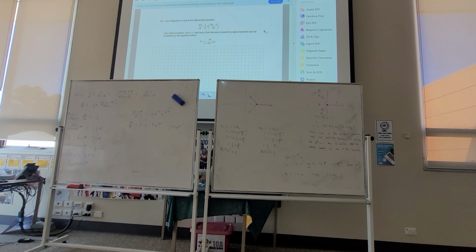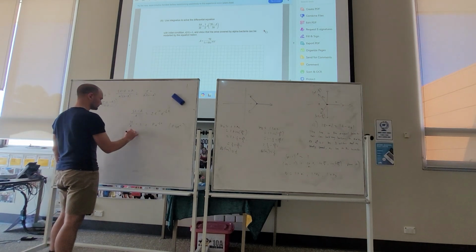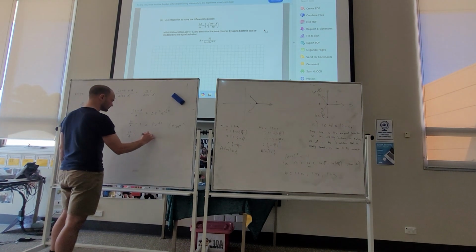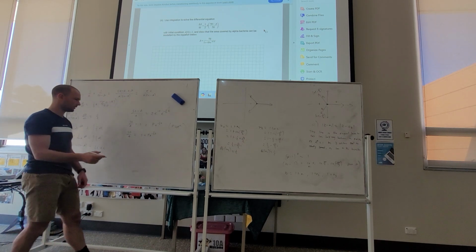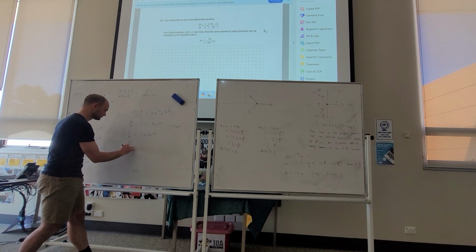Alright, then we add 1 to both sides. And then we swap the A with the 1 plus pe.